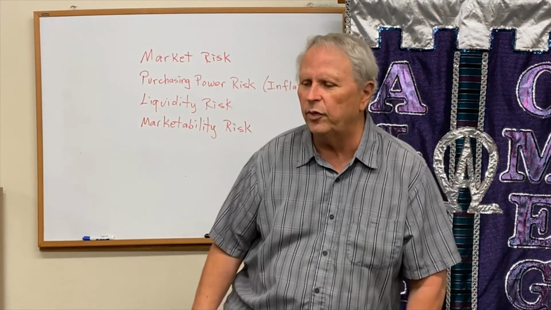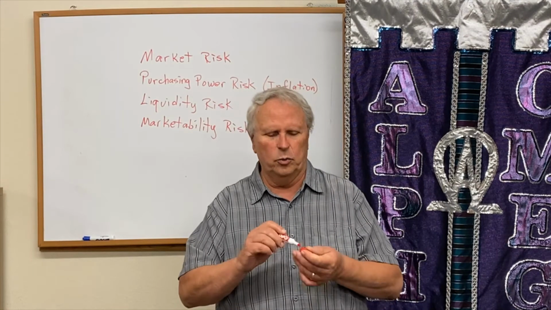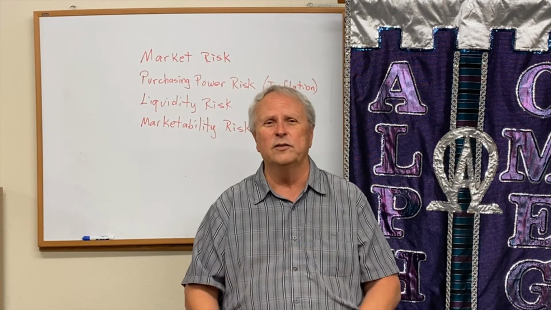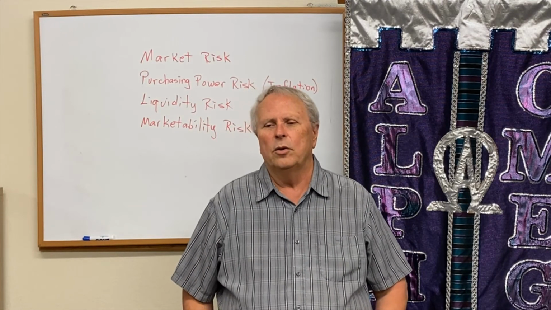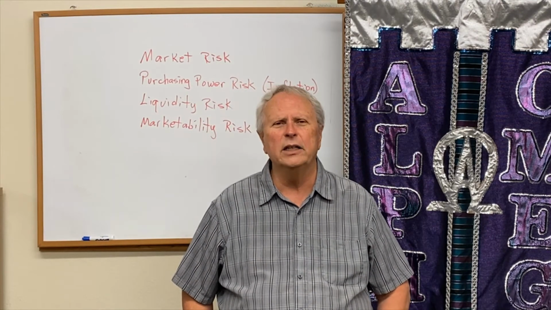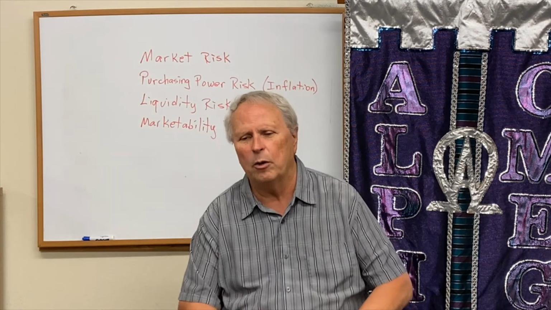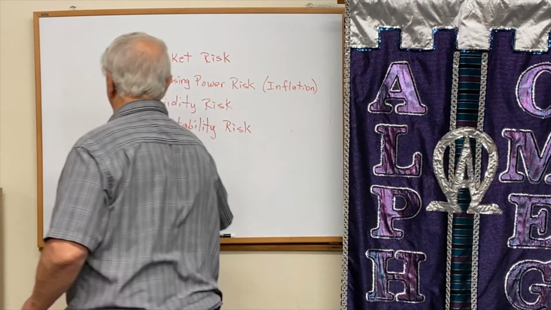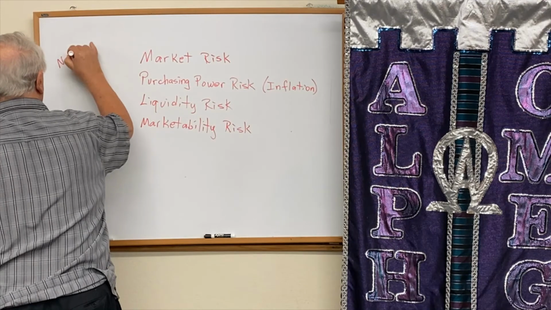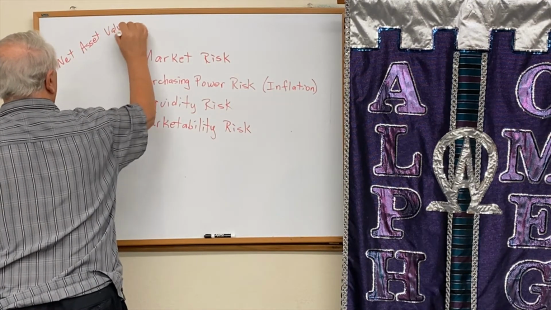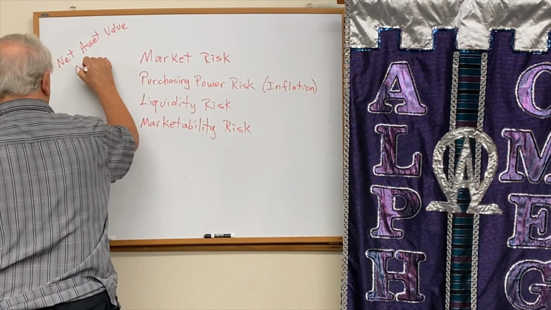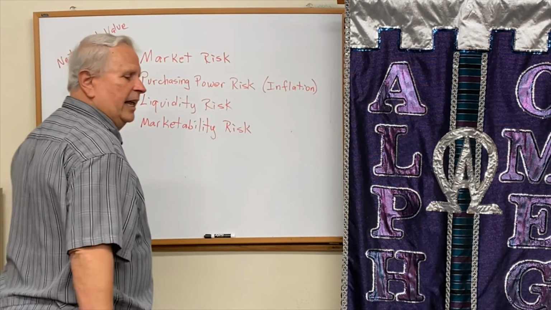Now, an interesting thing happens when you do that. And I'm not going to go real deeply into it, but it's got to be on one of these videos. So this is the one. Mutual funds are priced at what's called the net asset value, generally referred to as NAV.